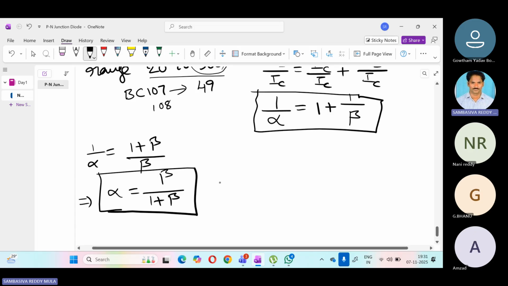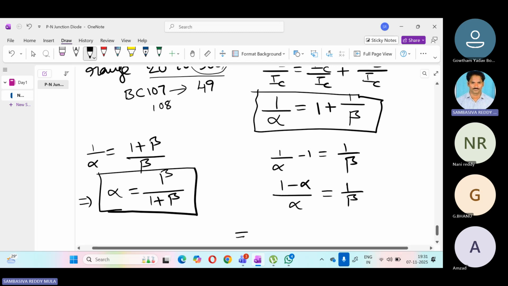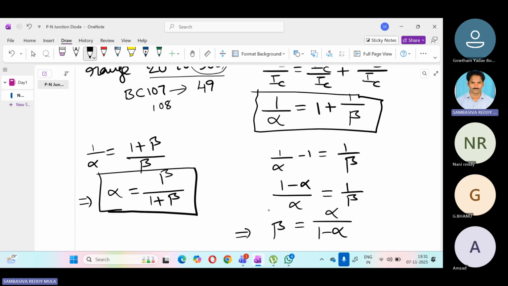Similarly, if you want beta, rearrange this equation: 1 by alpha minus 1 is equal to 1 by beta. Now take the LCM: (1 minus alpha) divided by alpha equals 1 by beta. So beta equals alpha divided by 1 minus alpha.